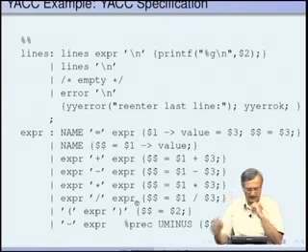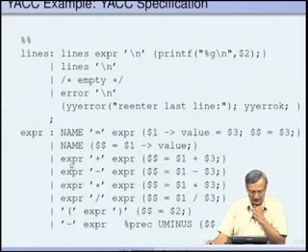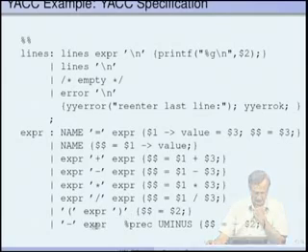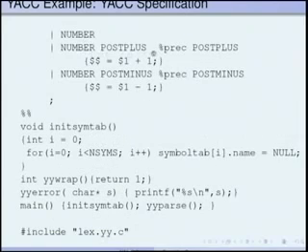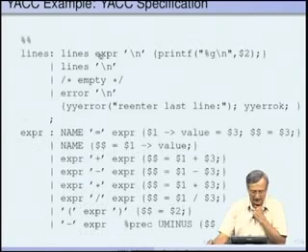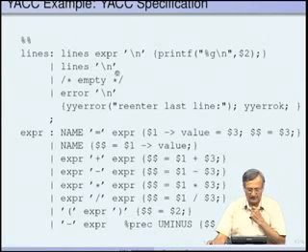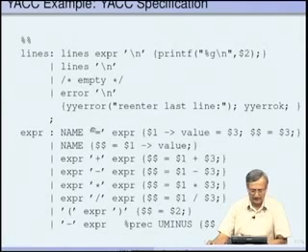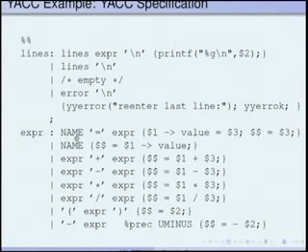These are all the right hand sides of the various rules, and then of course parenthesis expression parenthesis, minus expression, and there are some more: number, name, post plus, post minus. These are the various right hand sides of the productions. The left hand side is common, that is expression. So, expression going to name equal to expression, expression going to name. This is the way to read this particular grammar specification.